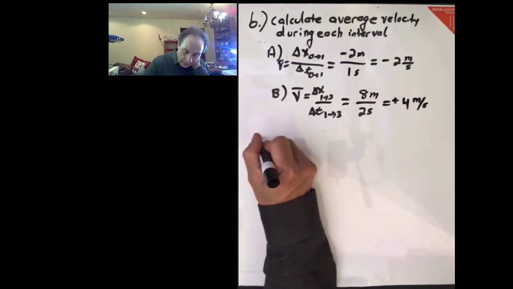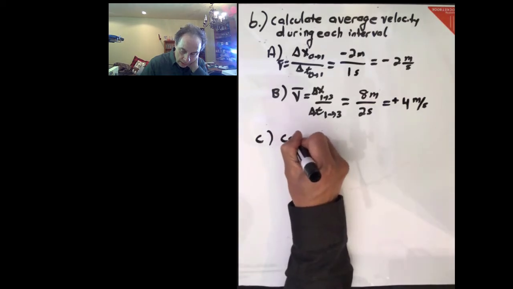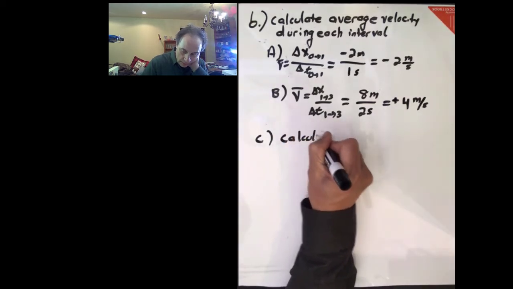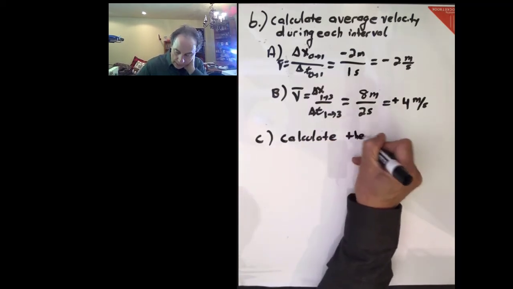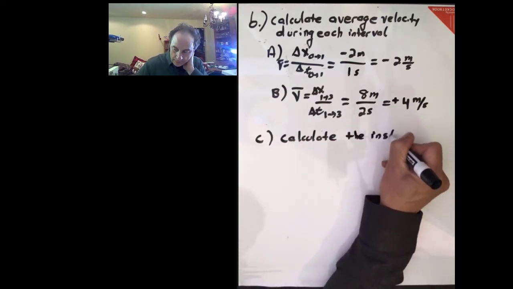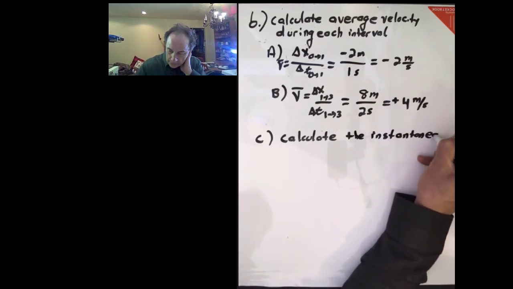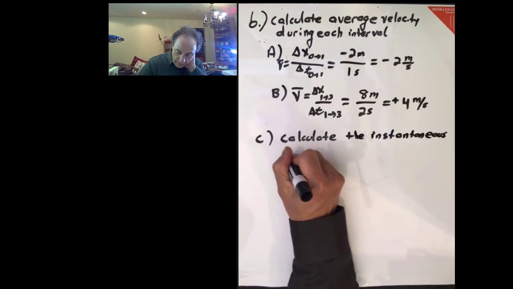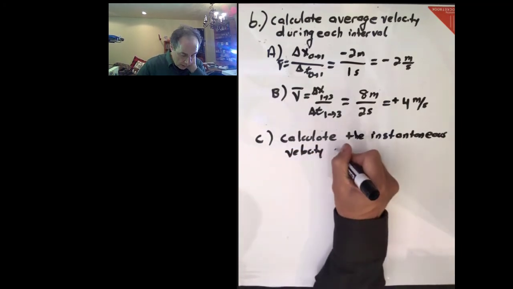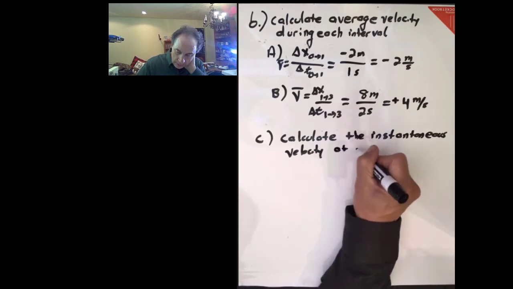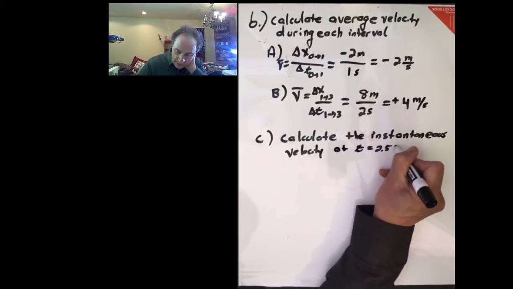And lastly, part C, we want to calculate the instantaneous velocity of this particle at a time of 2.5 seconds.